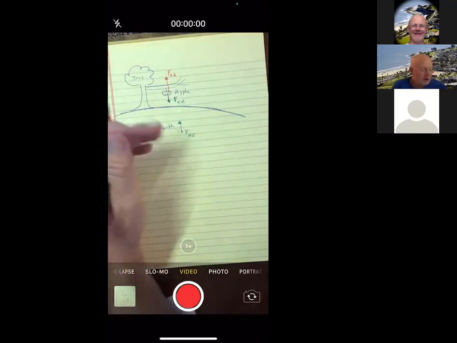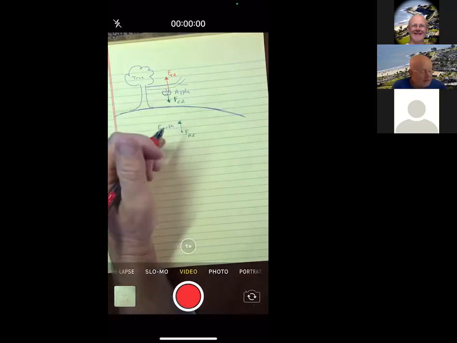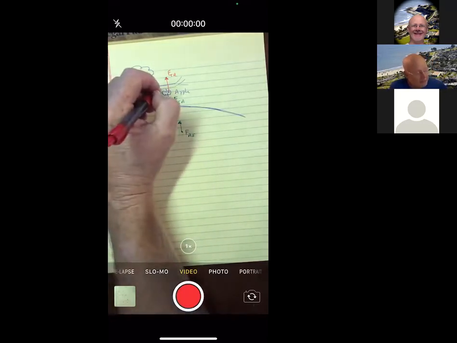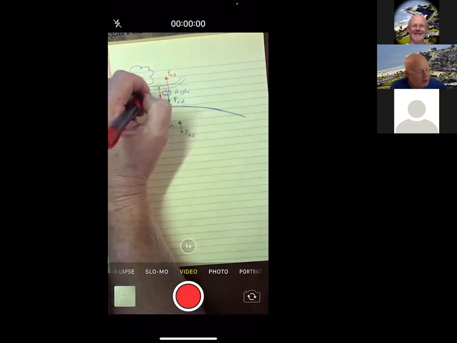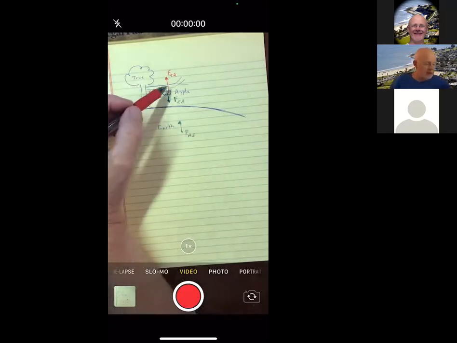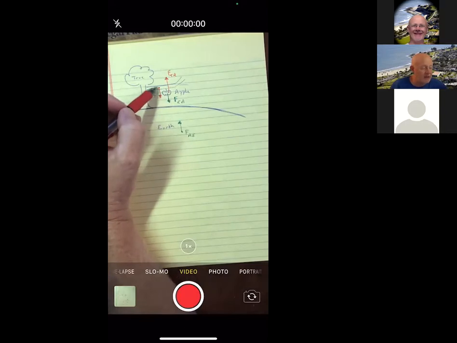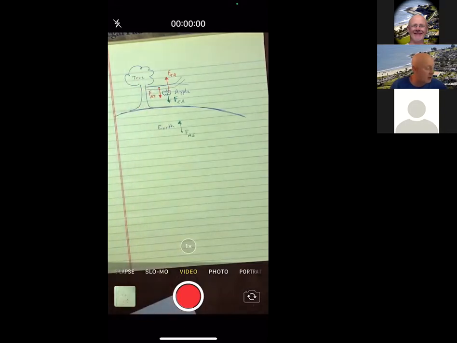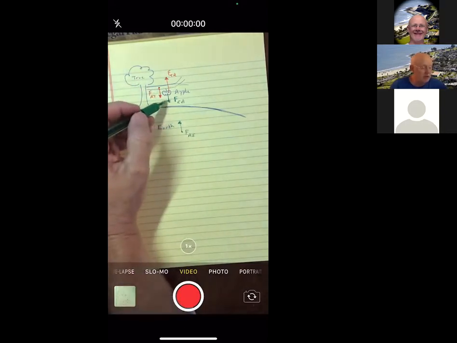And since the tree is lifting up on the apple, the apple is then pulling down on the tree. So there would be a force from the apple on the tree. These two red ones are the third law pair. They're on different objects. One is on the apple pulling it up, the other is on the tree pulling it down. And the green one is also a Newton's third law pair.